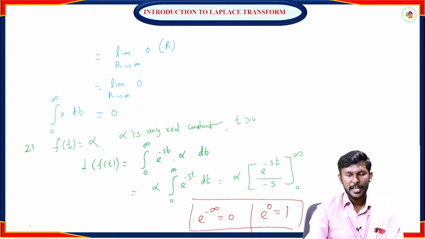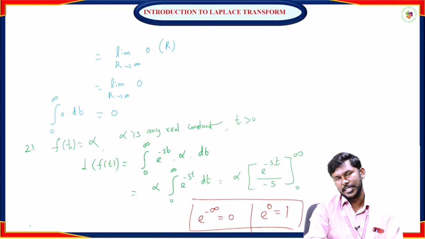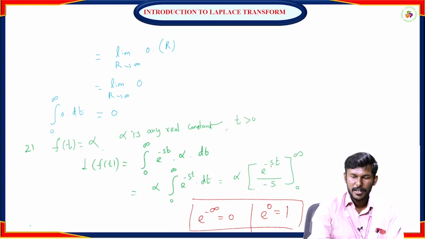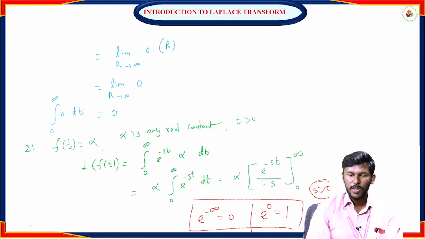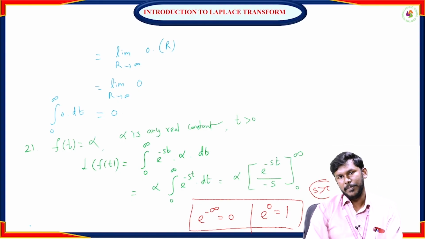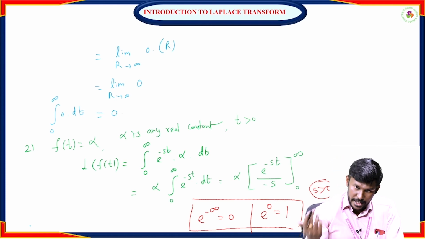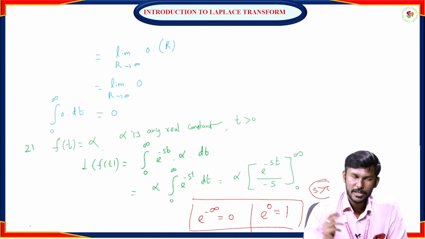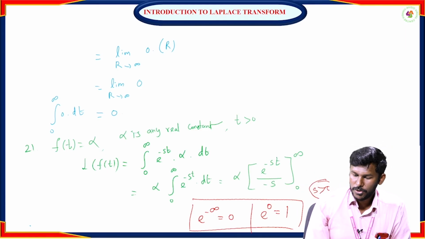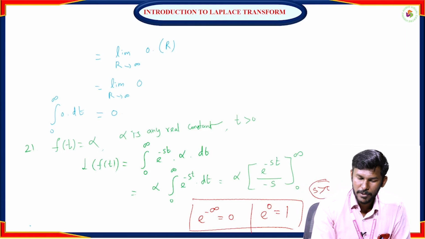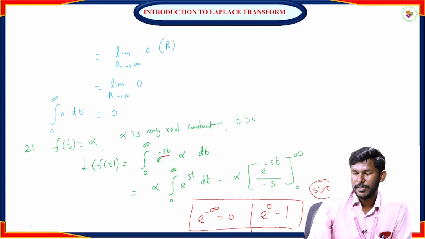Okay, so be very careful that for limit existence purpose I assume that my s is positive, then only I can get a limit. I mean it's going to be e power minus infinity, I can reach a numerical value, otherwise it's going to be infinity.